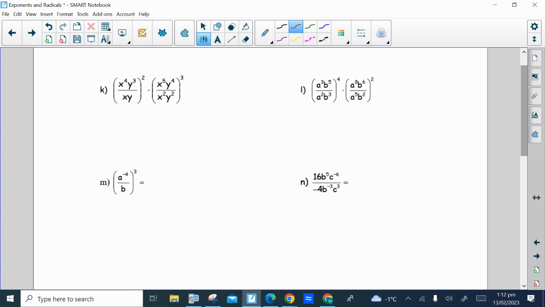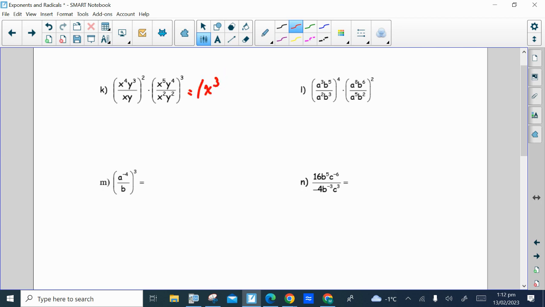What's our first step for question K? Say again? Put it as a power of 2. So I would probably simplify inside the brackets first. Your way would work, but I think my way is going to be a little bit simpler. It's going to take less work to do it this way. So I would work inside the brackets first. What do you get when you divide x to the 4th by x? Yes.